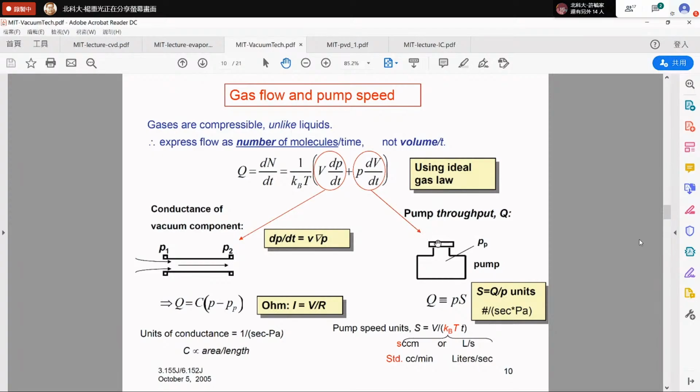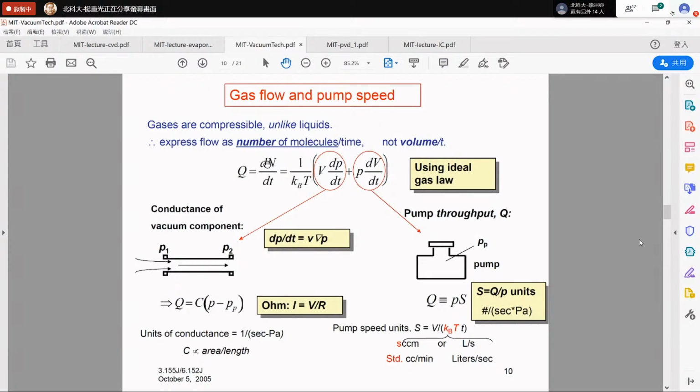Q expresses the flow as a number of molecules over time, dn/dt. And dn/dt can be written as (1/kBT)(V dP/dt + P dV/dt), because n is equivalent to PV over kBT, since PV equals nRT.